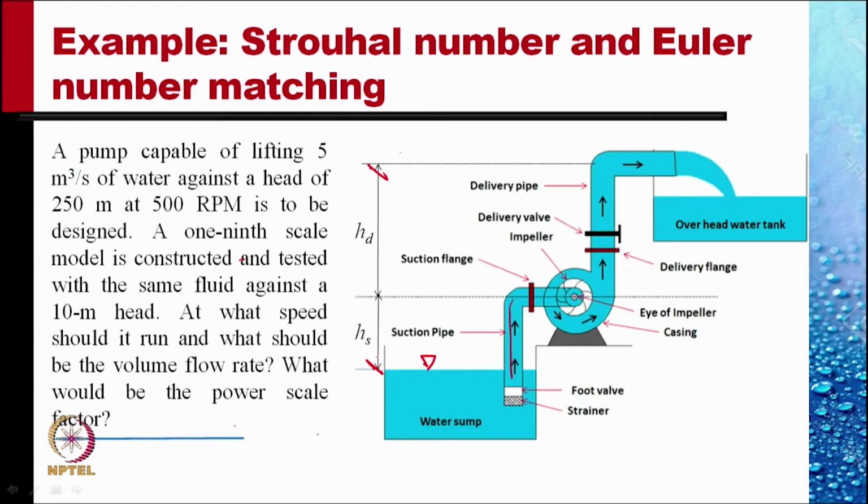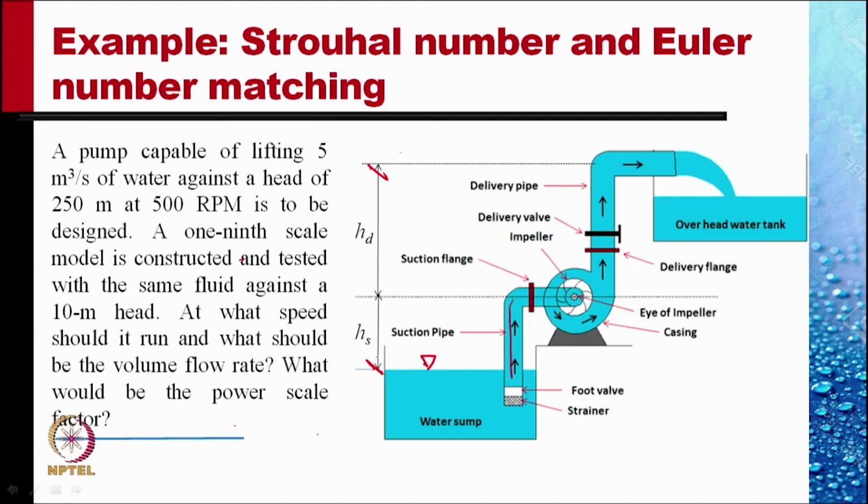A 1/9 scale model, KL is equal to 9. Length of the prototype divided by length of the model is 9. A 1/9 scale model is constructed and tested with the same fluid against a 10-meter head. So instead of 250-meter head, we deliver against a 10-meter head.